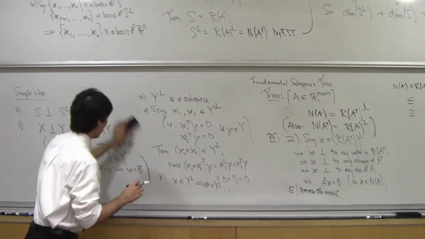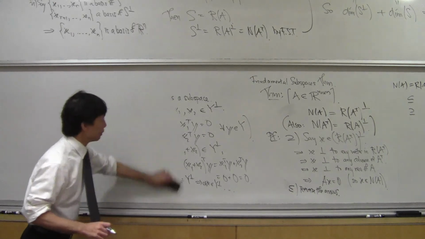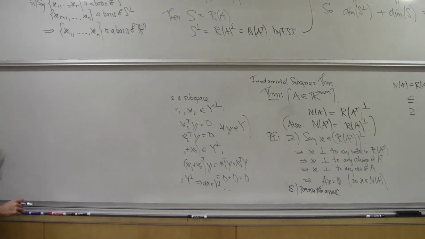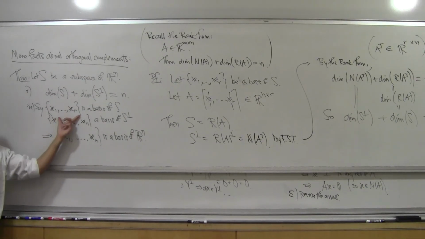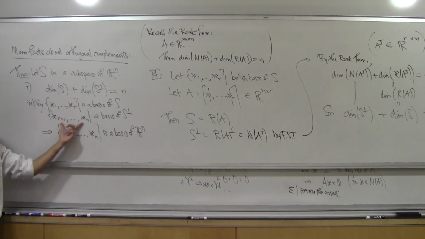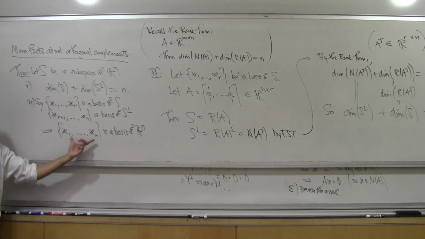So I'm going to take an extra minute or so and go through the second part of the proof here. Suppose you have a basis of S, and suppose you have a basis of S perp. Then the union of those two sets is a basis of Rn.